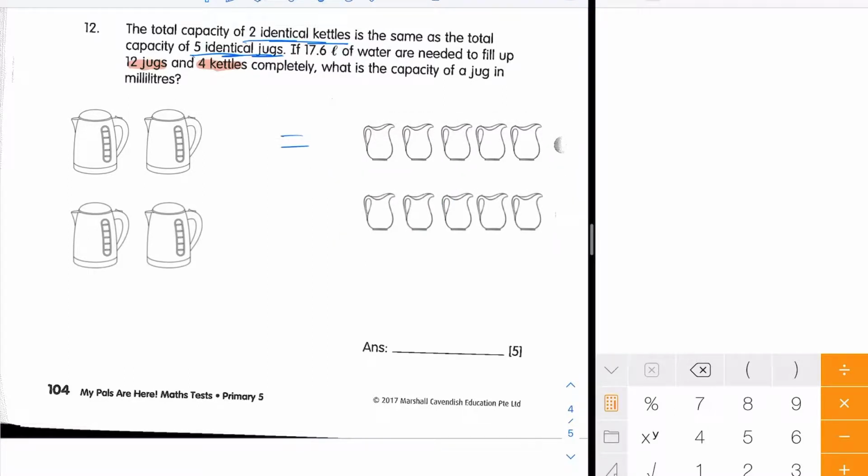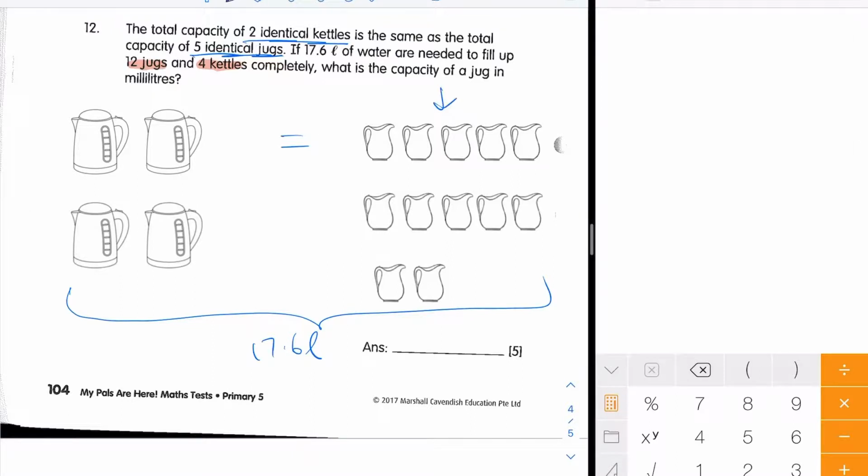So we have 12 jugs, and altogether the volume is 17.6 liter. So we need to change everything to the same unit, which is jugs. So what can we do to change the 4 kettles all into jugs? We know that 2 kettles are equal to 5 jugs.